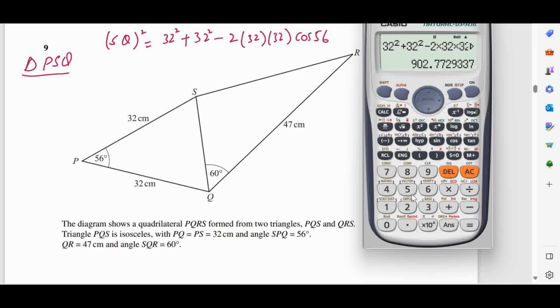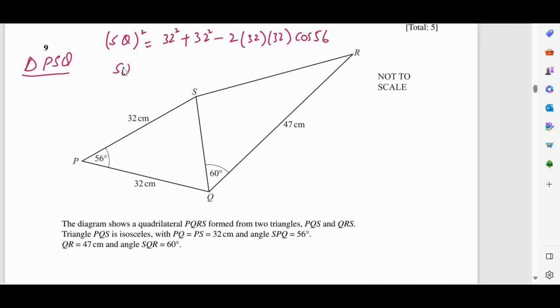So 902.77. So we have to take the square root of the answer. So SQ will be equal to 30.046. So this will be the answer for SQ. Now we have to find out the value SR. So let me write it over here, 30.046.